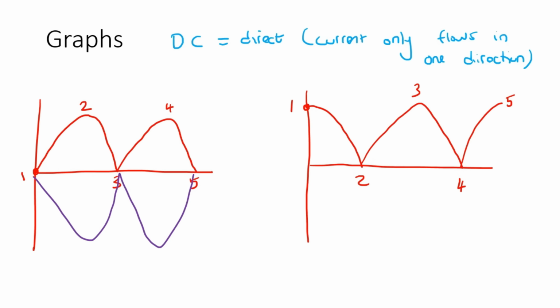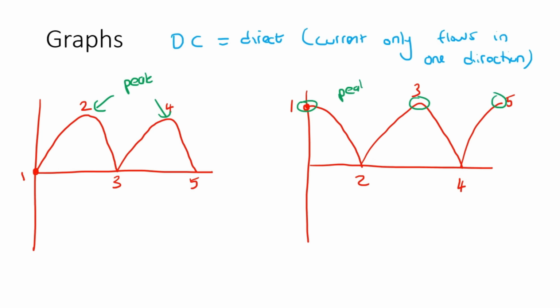But once again, you don't really need to worry about that too much. So once again, these parts at the top, they are called the peak. So the top, the top, the top, that's the peak. And then these parts at the bottom, they are called your zeros. So just remember that.